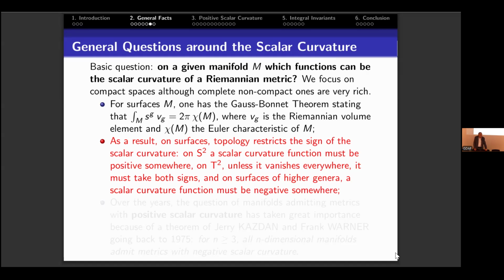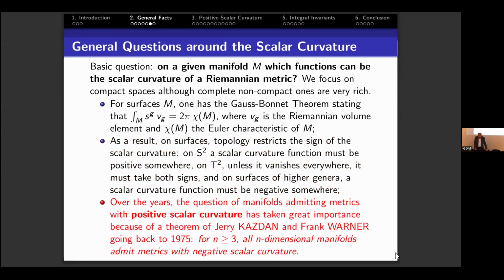On the torus, the Euler characteristic is 0, so either you have a flat metric, that's possible, or you have a metric which takes both signs, because you need the integral to be 0, so you must have positive and negative. And if you are on a surface with higher genus, that is with more than 1 hole, so the torus was 1 hole, then the scalar curvature must be negative somewhere, because the Euler characteristic is going to be negative, so the integral has to be negative. So this is the situation for surfaces.